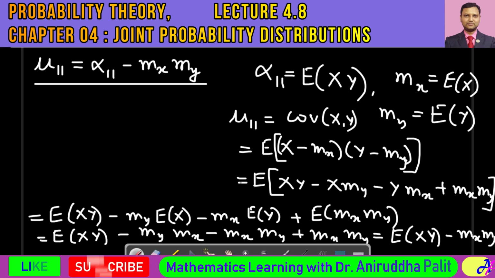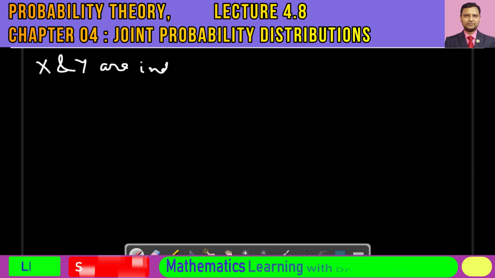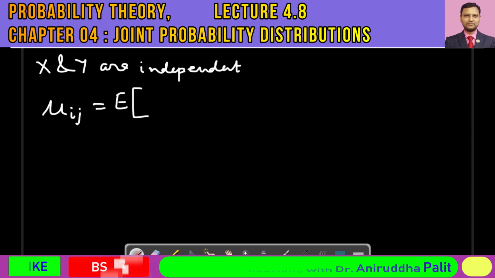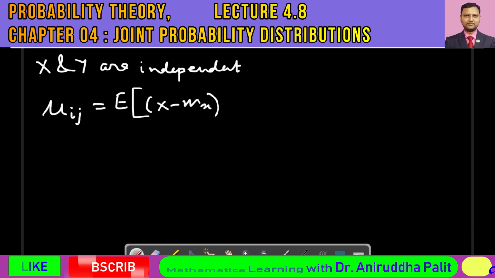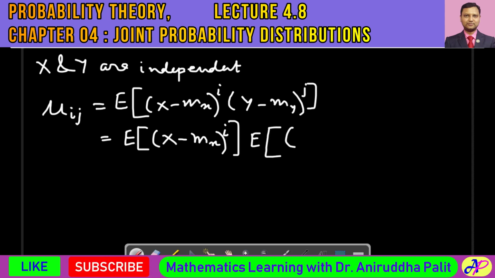We can prove a similar result: if capital X and capital Y are independent, in that case we can write this type of quantity mu_ij, which would be equal to expectation of (x minus mx) to the power of i into (y minus my) to the power of j, and by this multiplication rule this can be written as expectation of (x minus mx) to the power of i multiplied by expectation of (y minus my) to the power of j.